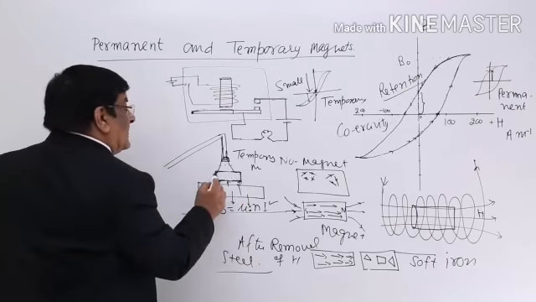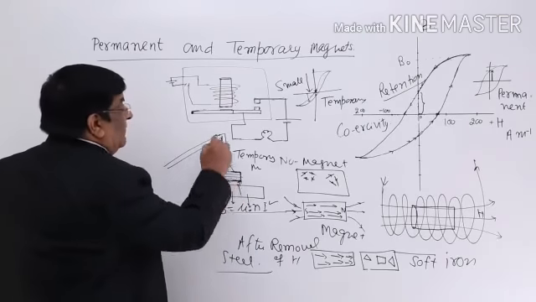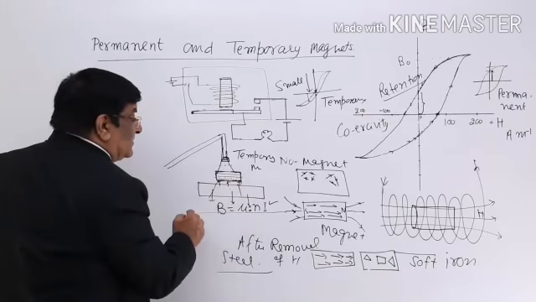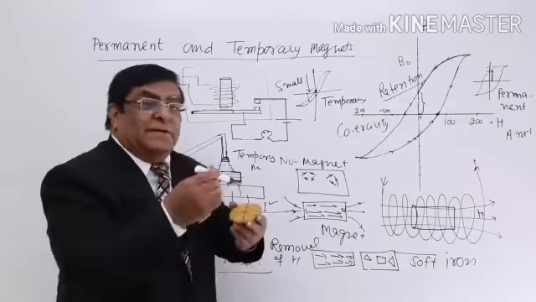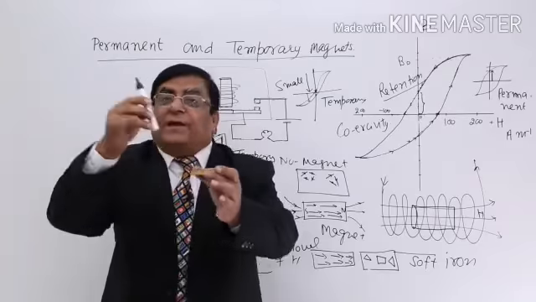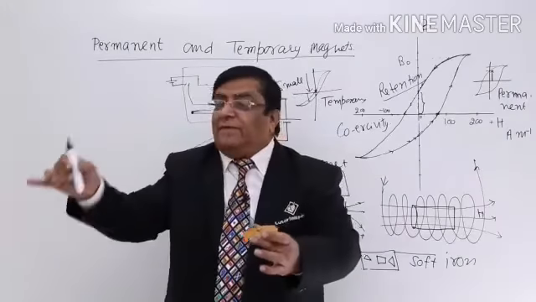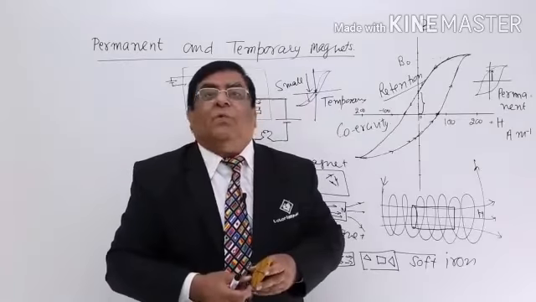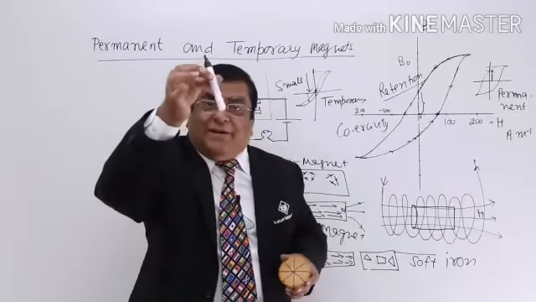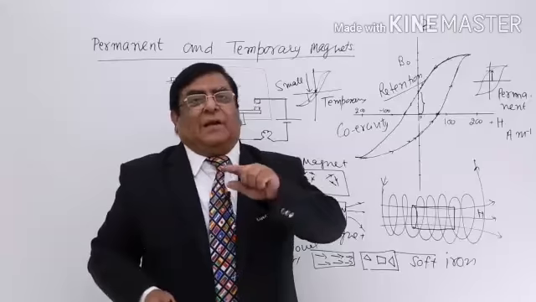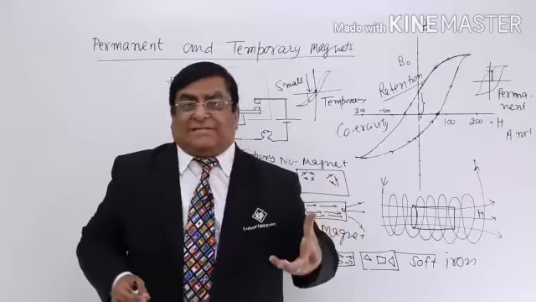Now suppose this has become a permanent magnet. When I give the current, it will hold the sheet, and when I reach the godown and want to drop it, it is not dropping. Now what do I do? I would have to bring another stack here, another stack there, and it is not leaving this. So what I need is a temporary magnet. This is the importance of a temporary magnet: you can demagnetize it.